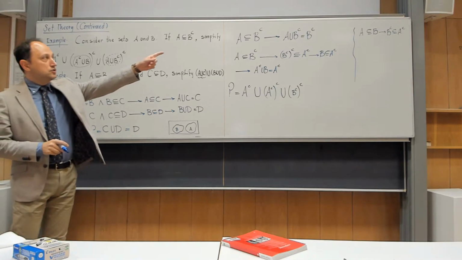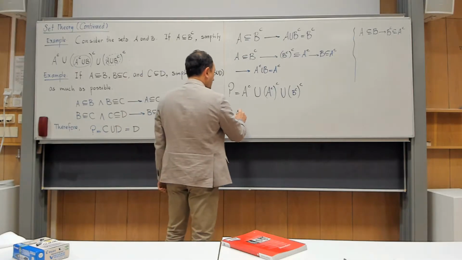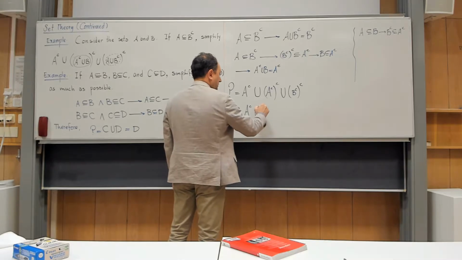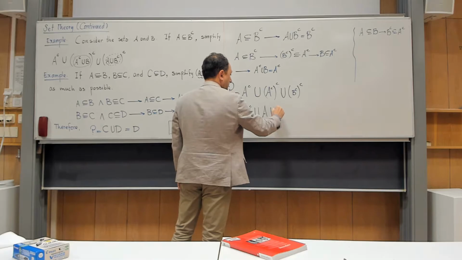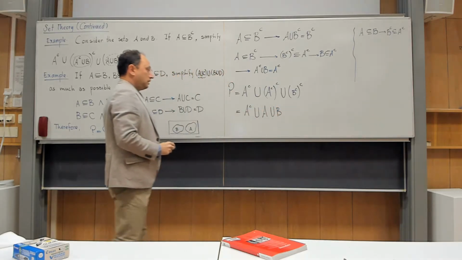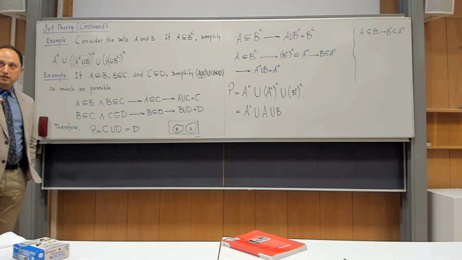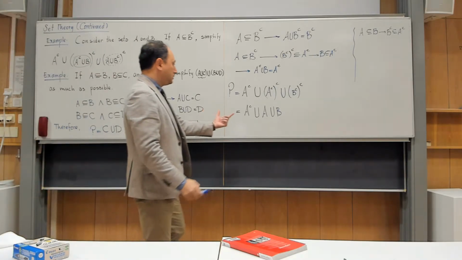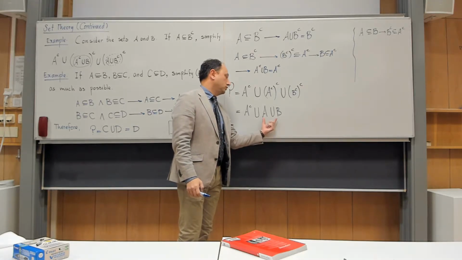And of course I also use that property. Okay, and then I can simplify this. A complement, I cannot write anything except A complement itself. Union, but for this I can write A and then B. Now this is two unions, and I think you remember that the union operation is also associative. It doesn't matter if I do these two first, find the answer and union it with the third one, or the other way around.